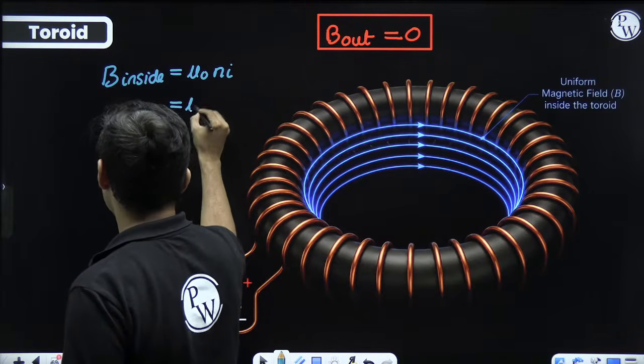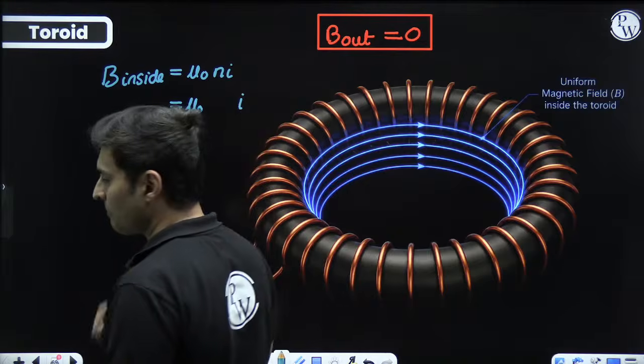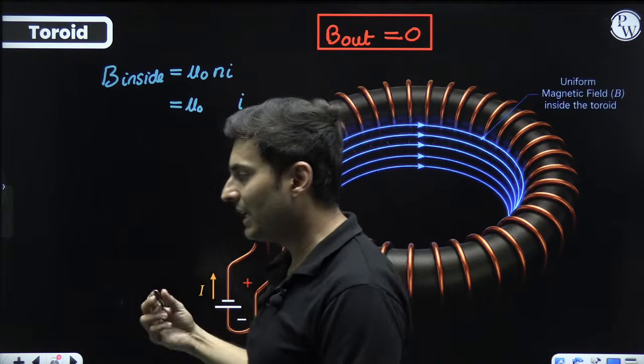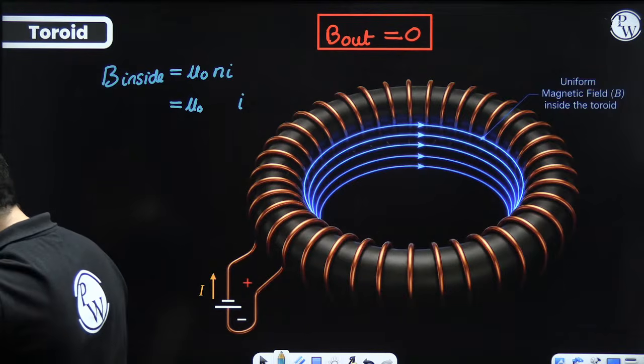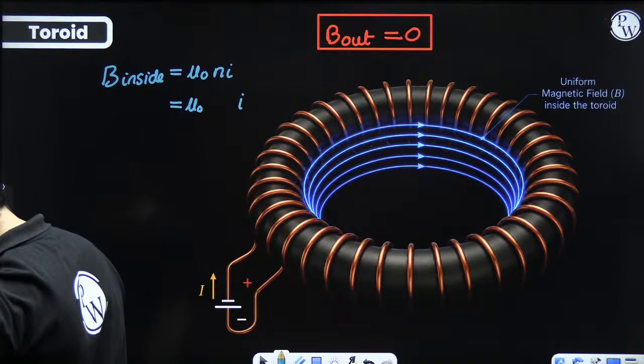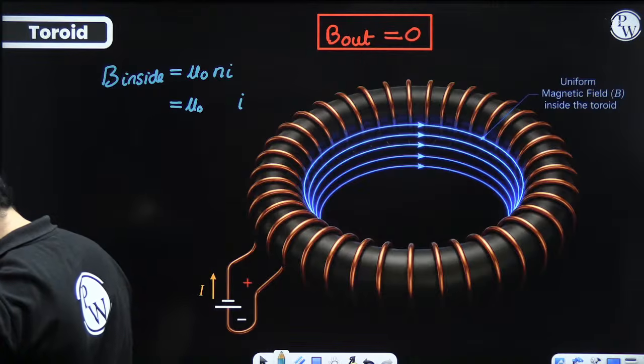But there is another way of writing this small n now. Yeah, think about it. Sir, will n be equal to 1 by 2 pi r, number of turns per unit length? In some questions, finite solenoid.